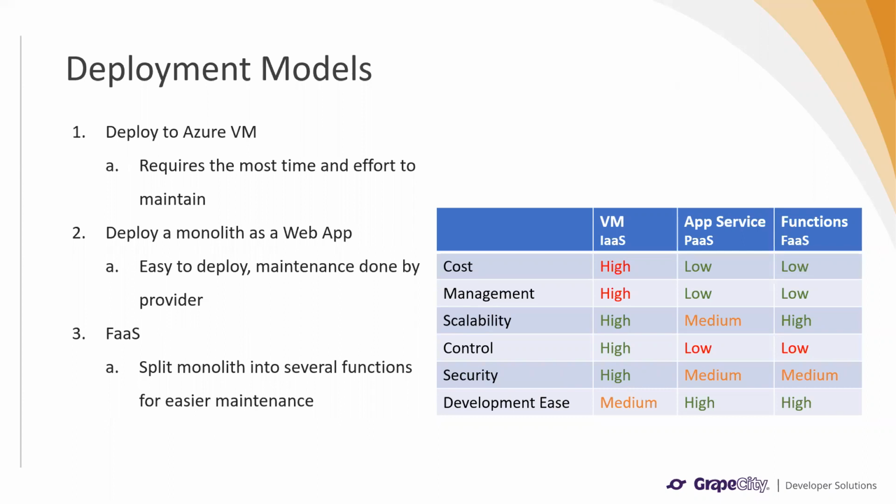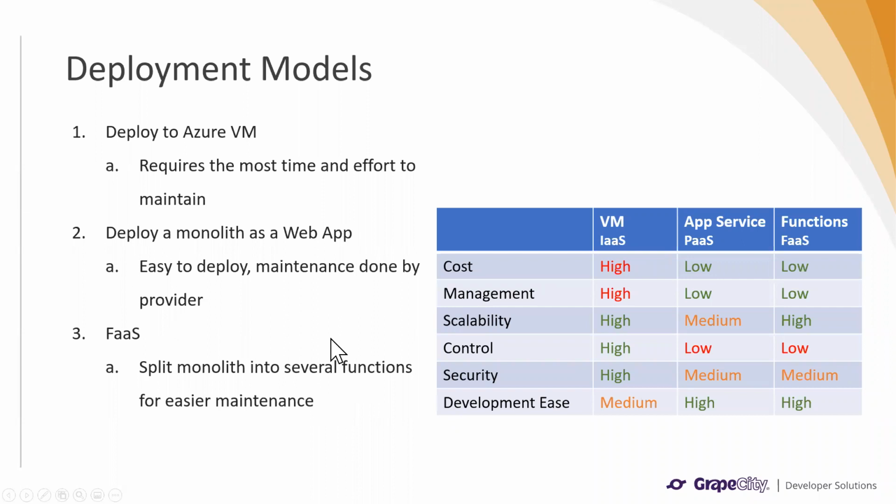Microsoft Azure, for example, is not going to maintain it. That's your responsibility. So the cost and management is going to require a lot more from you. The second method to deploy is to deploy as a web app, as a monolith, as a standalone web app. Now, this gives you a lot more flexibility.